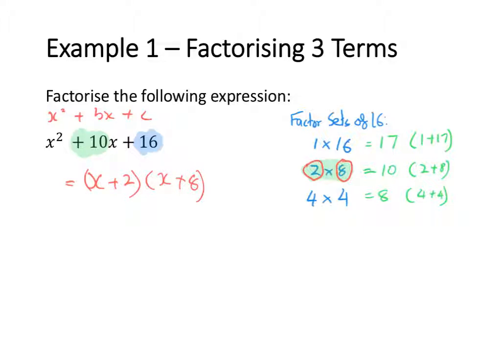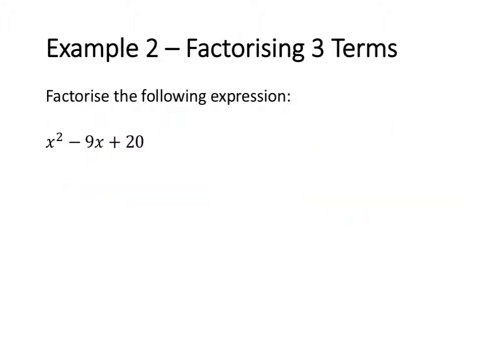So the factorized form of x squared plus 10x plus 16 is equal to x plus 2, x plus 8. In the next example, I want to look at factorizing x squared minus 9x plus 20. Again, this is a quadratic equation, x squared plus bx plus c.